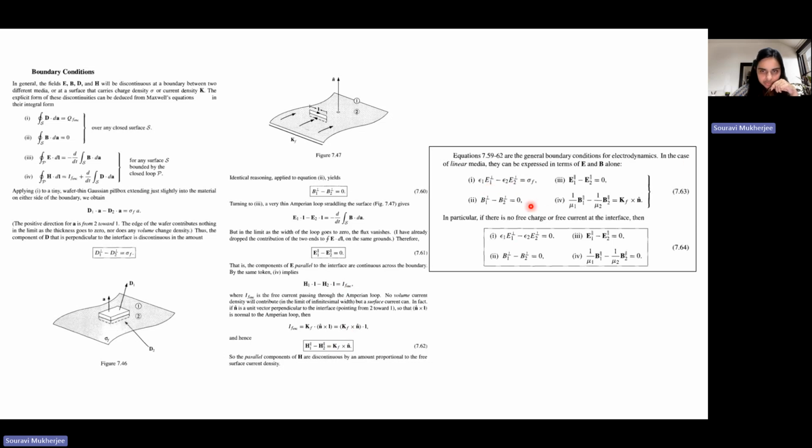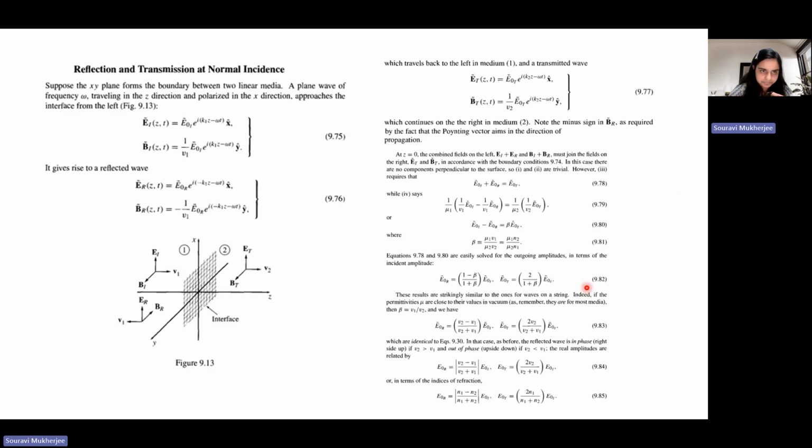This is for the general case where you have some net charge density or current density, and this is the case where you have no free charge or no free current. These are the boundary conditions. This comes in very handy when we talk about how light propagates from one medium to another. What happens at the interface? What are the boundary conditions that need to be satisfied at the interface? There, these boundary conditions become very useful.